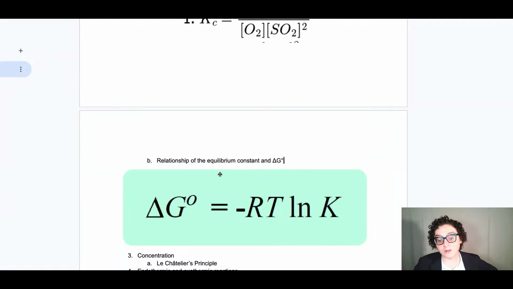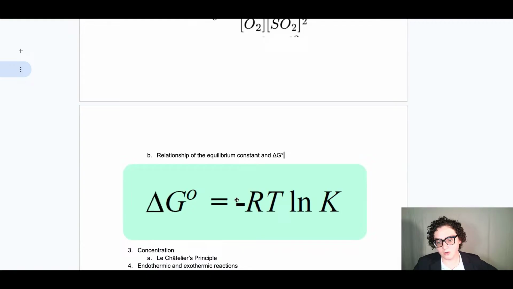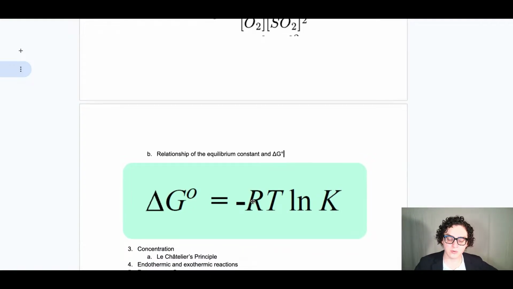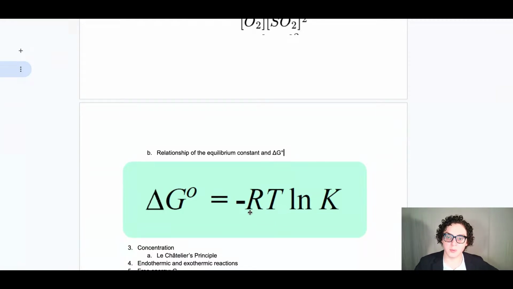That value is equal to negative R, a constant that would be provided to you if you were taking the MCAT and given a question like this. So R is just a number. Don't worry about R. Times T, the temperature, times ln, the natural logarithm of K.